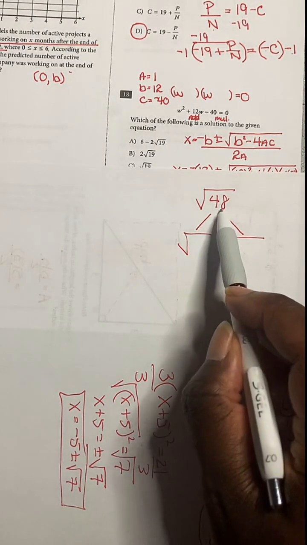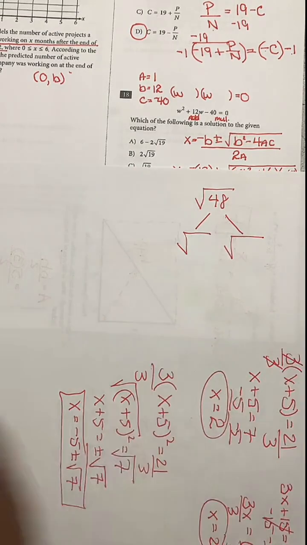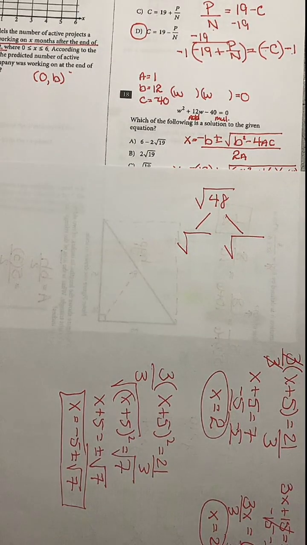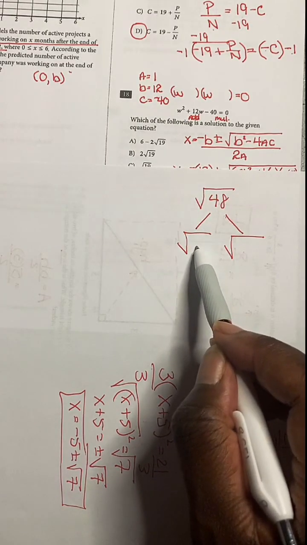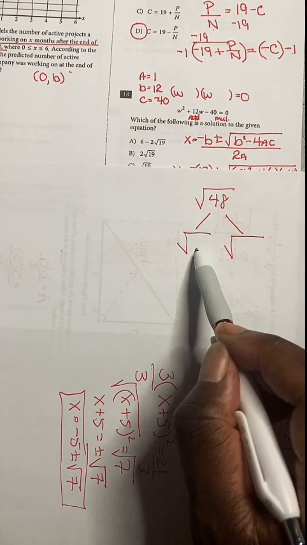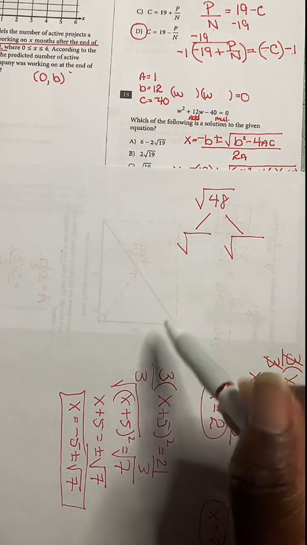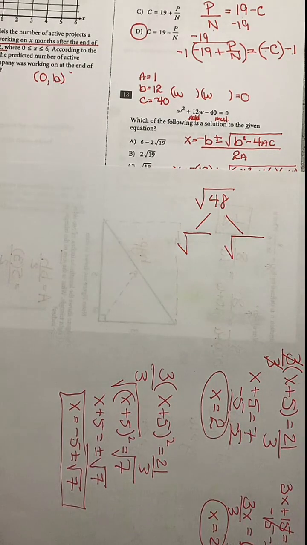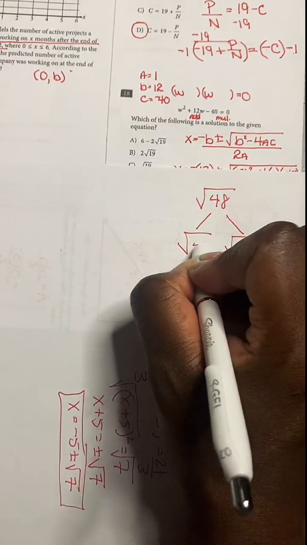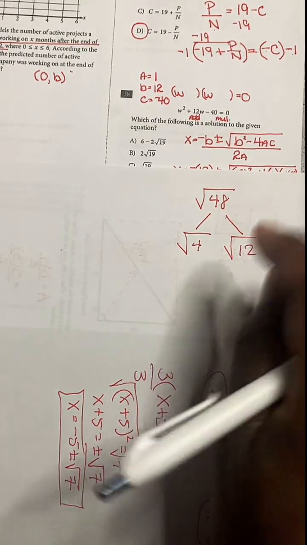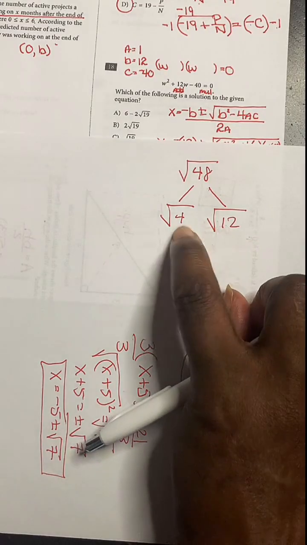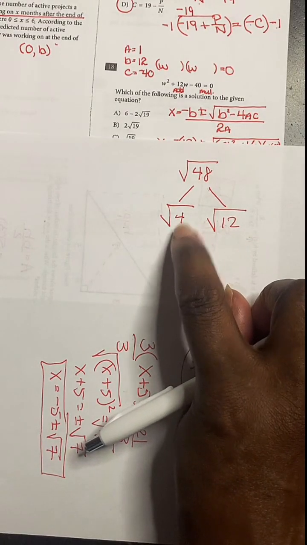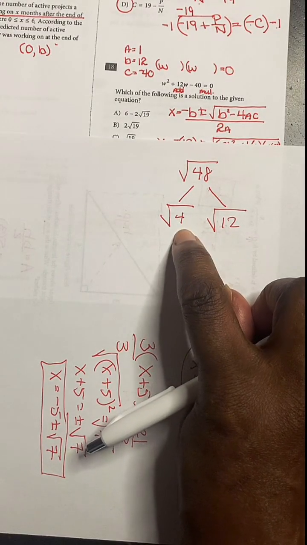Since it's even, a lot of people will say, why don't you do it by 2? 2 is not a perfect square root. Now, the square root of 4 can give me a 2. So if I took my 48 and divide it by 4, I'm going to get a 12. 12 is not a prime number, so there should be a higher perfect square that can work.